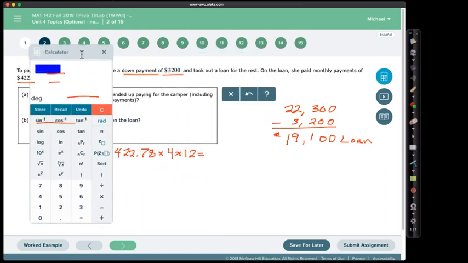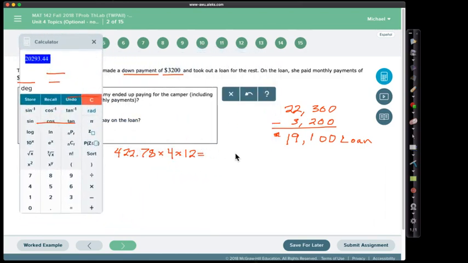So we've got our answer here: $20,293.44. That's the total of her payments. That's the answer to the first question.